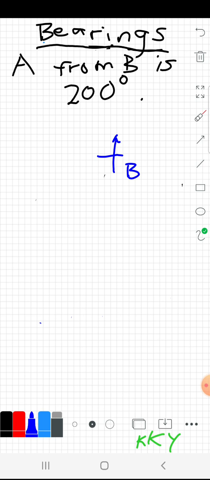If you follow my first video, you know that 200 degrees is right here between 180 and 270 degrees. So I draw a line right here. The line has to join to the origin. Right here, I can stop the line at any point.